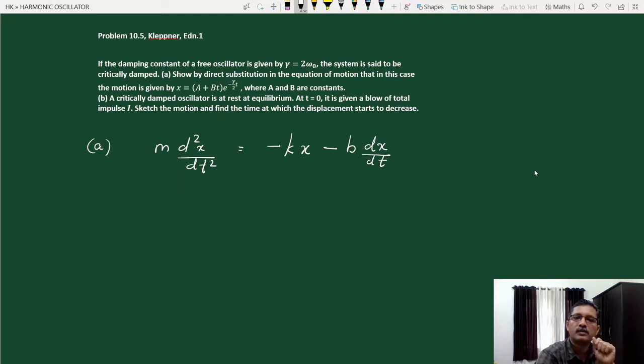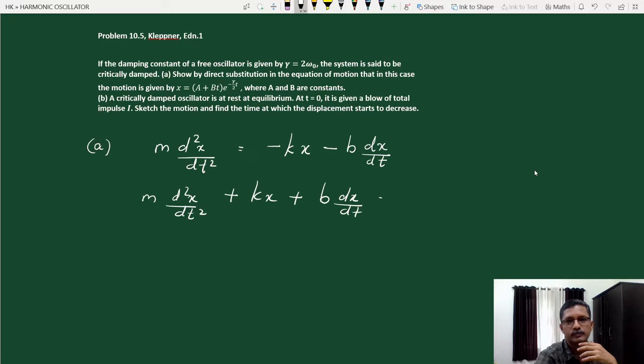This damping force is proportional to velocity and opposite in direction to the velocity, that's why the minus sign. The restoring force is also opposite to the displacement, hence the minus sign. Let us take all the terms to the left side. So we have m d square x by dt square plus kx plus b dx by dt equal to 0.